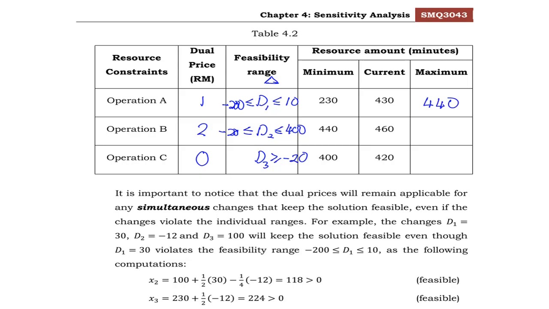For this one, second right hand side, the maximum value for this right hand side is 460 plus 400, so 860. And it can be decreased by 20 units, so 460 minus 20, we get 440. 420, it can be decreased by 20 units, so minus 20, we get 400.